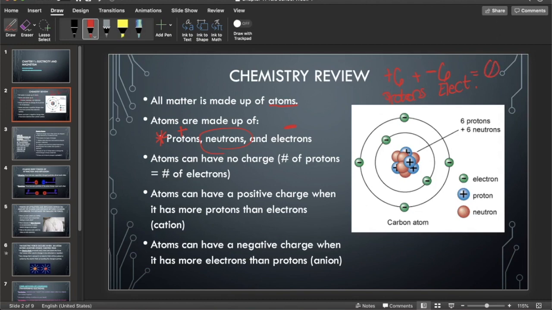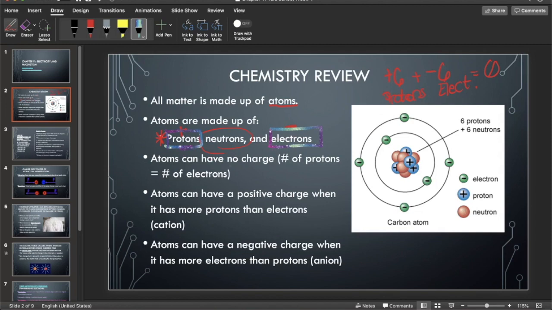Mostly when we talk about charges, we are going to be talking about our electrons and our protons. Those are the big guys. Neutrons are important, but we don't really talk about them so much.